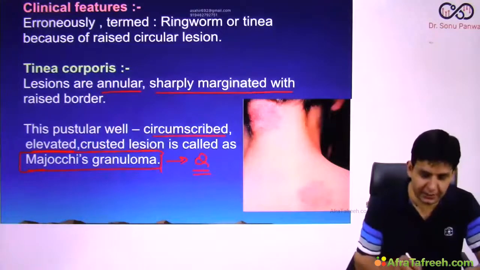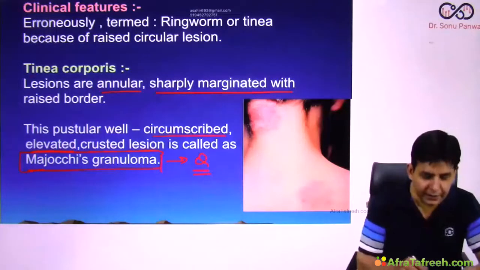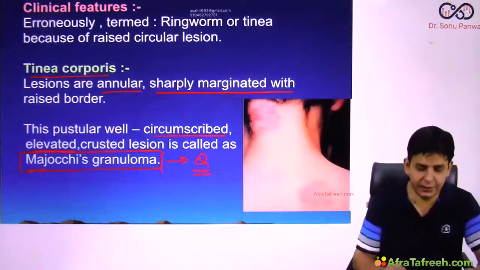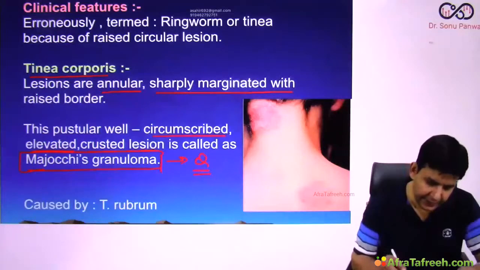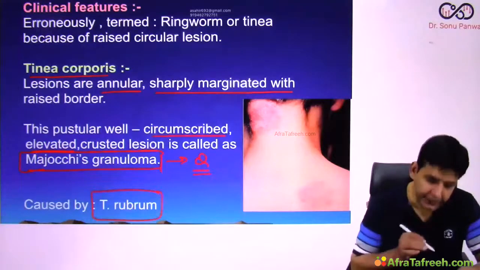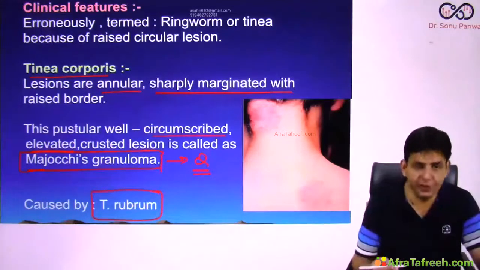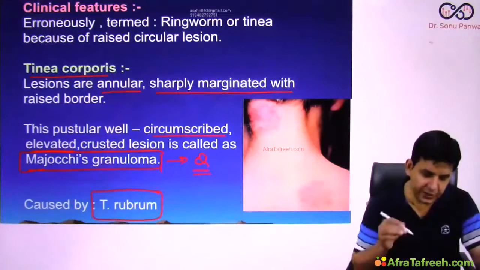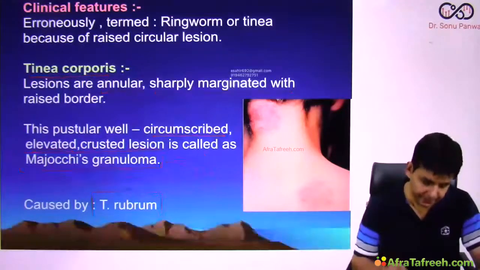This name you need to remember. Majocchi's granuloma is associated with what? Tinea corporis, and they are annular, sharply marginated with raised borders. Most of them are caused by Trichophyton rubrum, which we showed in the starting. This is caused by Trichophyton rubrum.